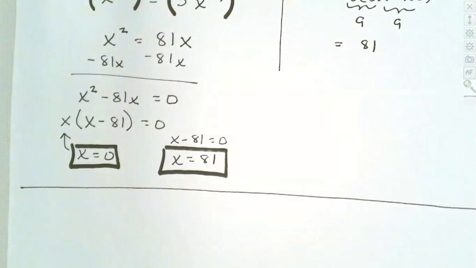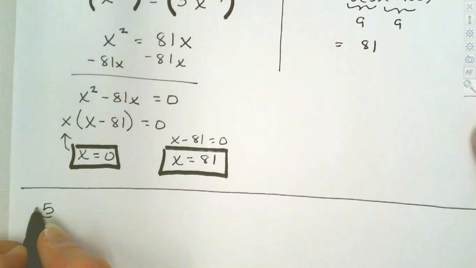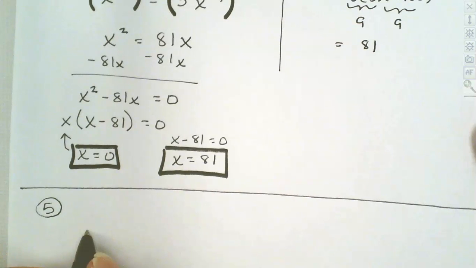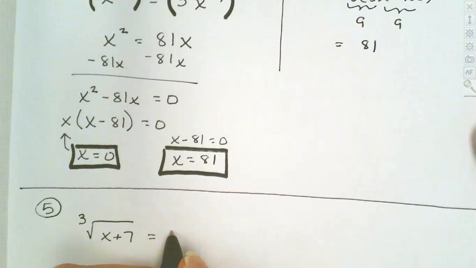So that was question 3. Question 5. Question 5 is like question 2, only it's much, much easier. And we are going to solve it.